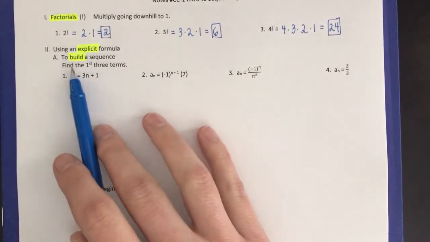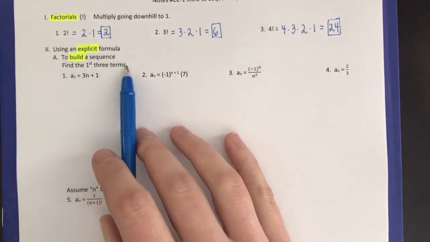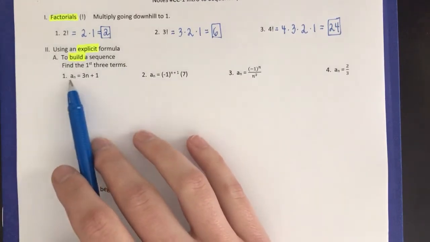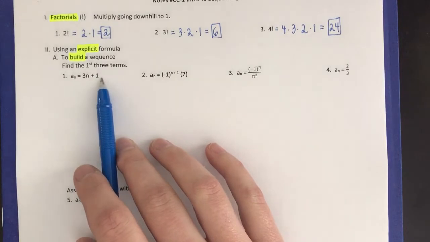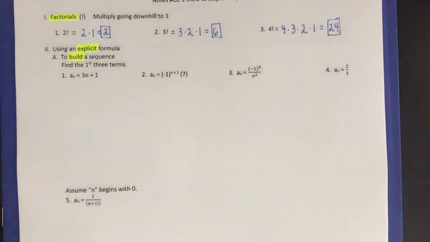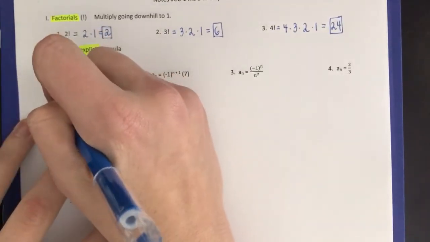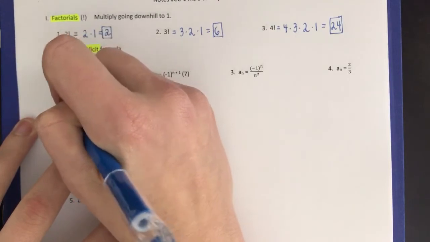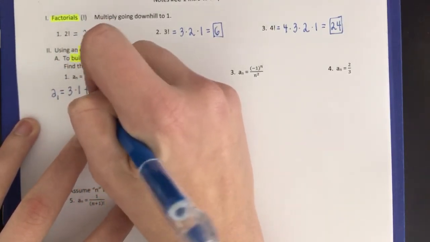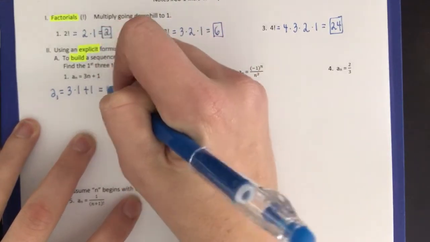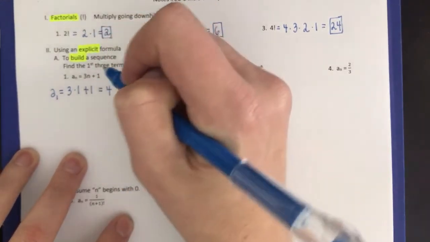So the directions state find the first 3 terms. So number 1 is a sub n equals 3n plus 1. Okay, we are going to assume that we are starting at n equal to 1. So a sub 1 equals 3 times 1 plus 1, which of course equals 4.